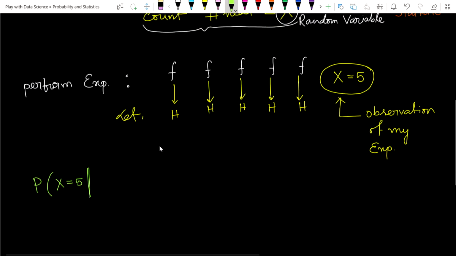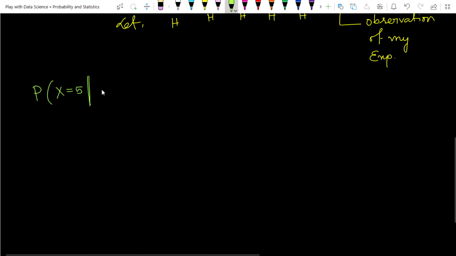Suppose we assume that the coin we have taken is not biased towards head.